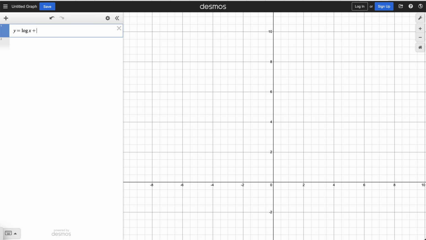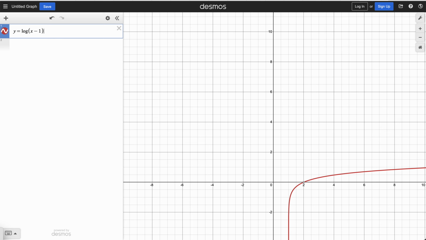If I add 1, instead of crossing at 1, it's now going to cross at 0.1, and I can keep making these shifts. Now notice, it's not as concise, so it's not going to cross by going up 2 or down 2. That's going to be a little bit different here. Now, what if I want to do it to the x?